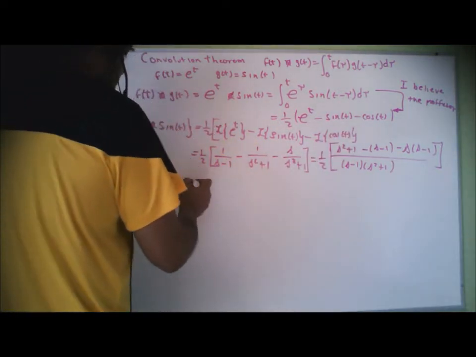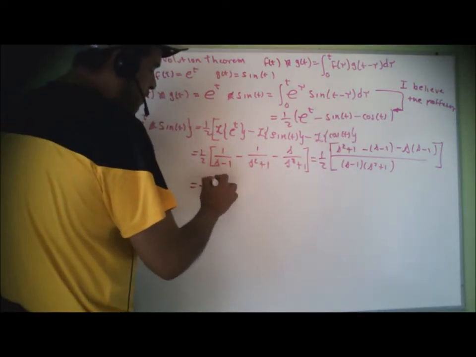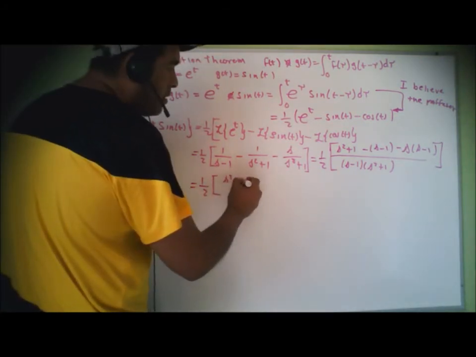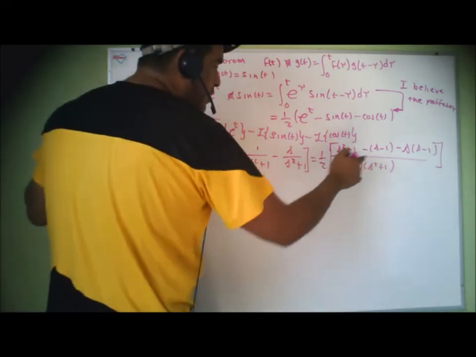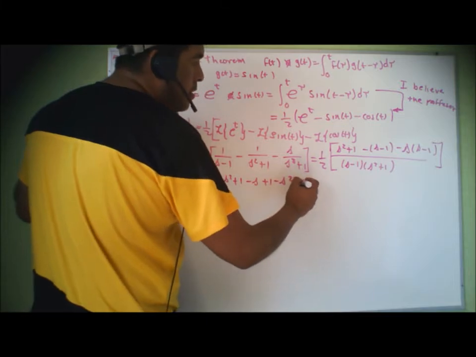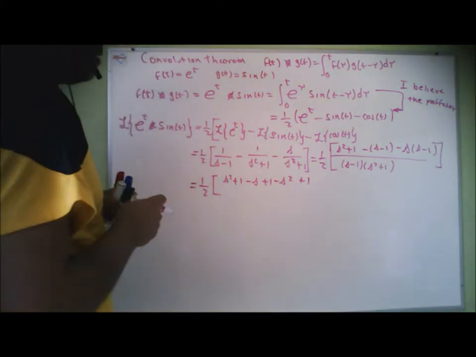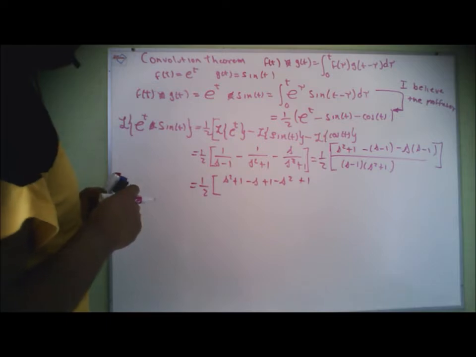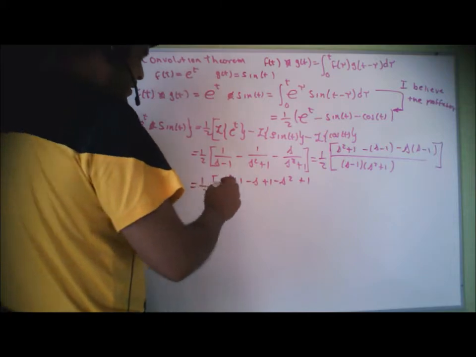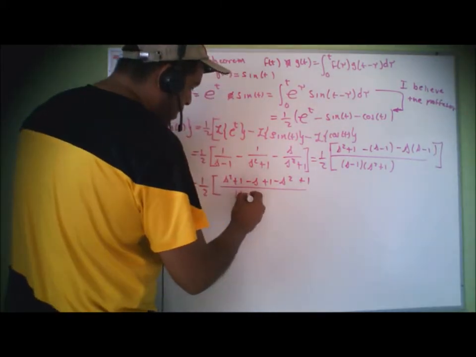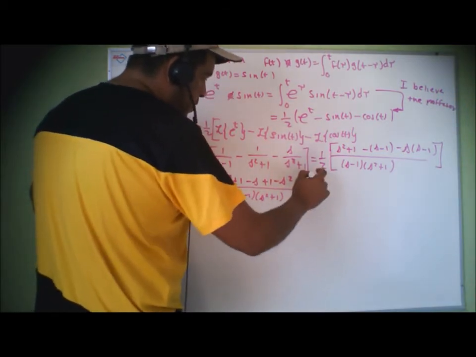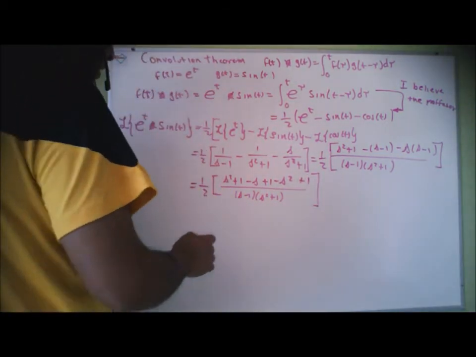So 1/2 of s squared plus 1, and then minus s, and then plus 1, and then minus s squared plus s, divided by s minus 1 times s squared plus 1. Anything cancels? Yes, actually.